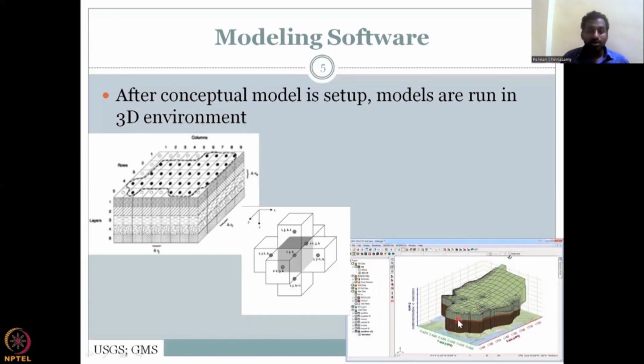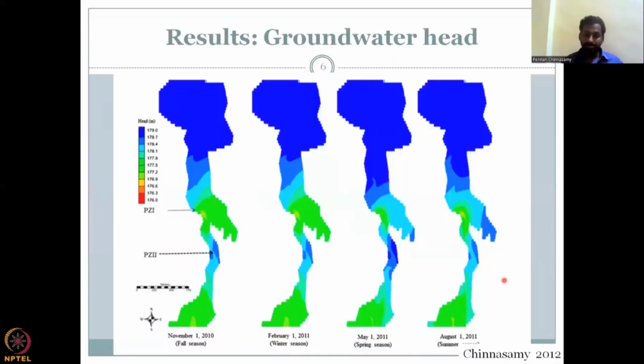So based on the data, the number of layers is fixed, and from the conceptual model also. But again, in the upper elevation regions, you can see some other layers happening, but it doesn't make much difference because there is not much water movement on top. It may be assumed to be of one particular type.